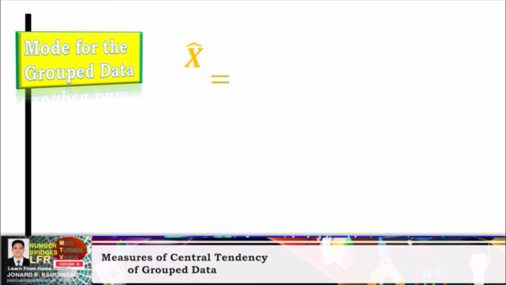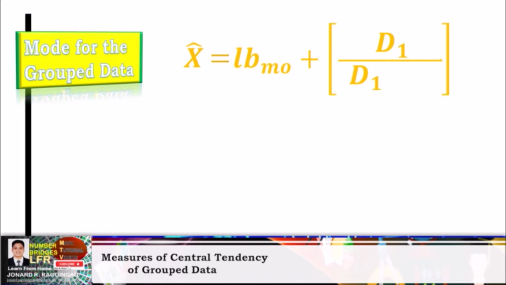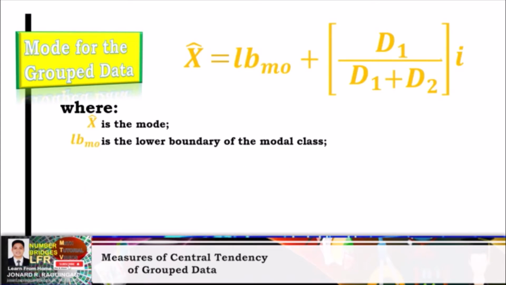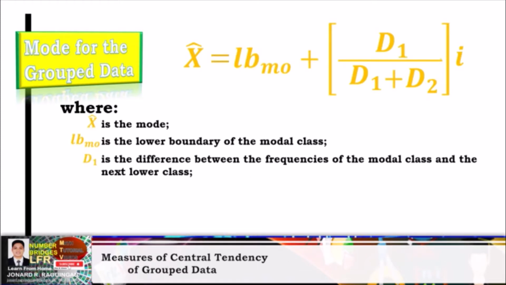X hat is equal to the lower boundary of the modal class plus the bracket of d sub 1 divided by d sub 1 plus d sub 2, times the class interval, where x hat is the mode, LB sub MO is the lower boundary of the modal class, d sub 1 is the difference between the frequencies of the modal class and the next lower class.